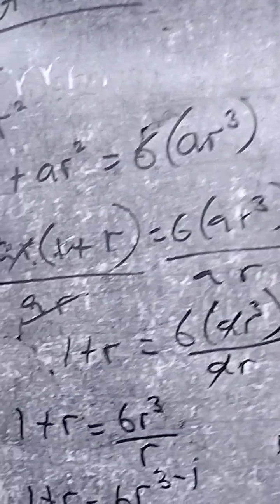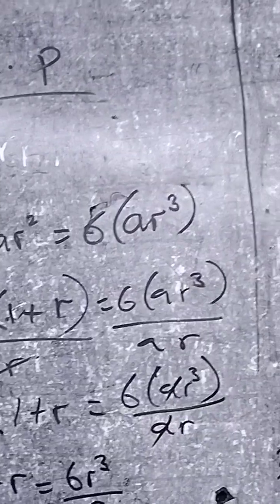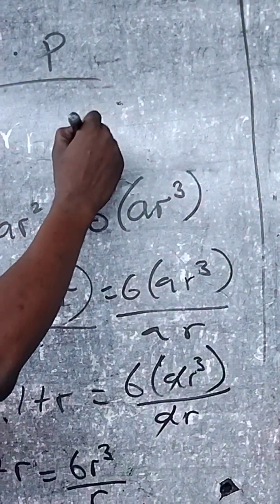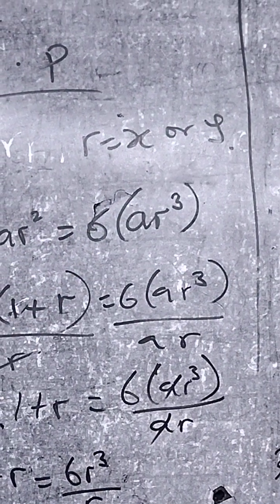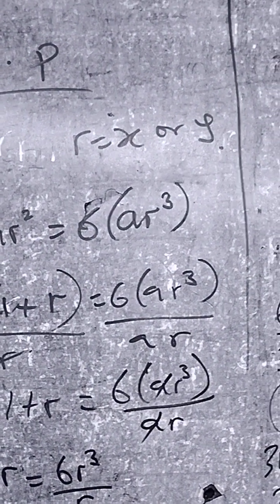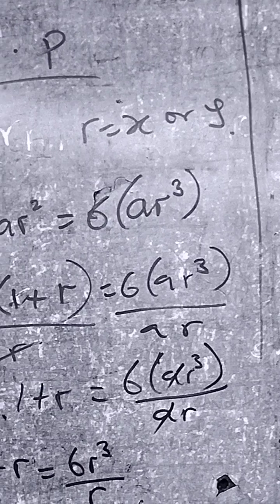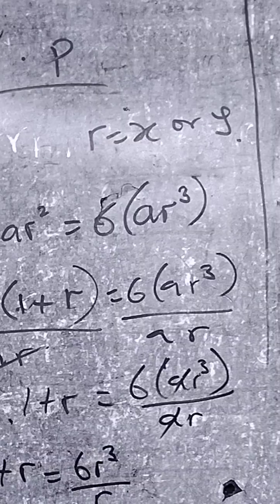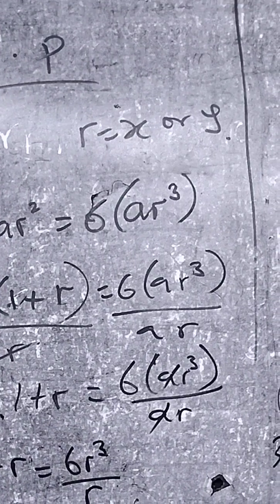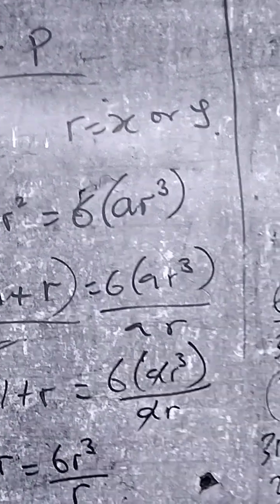Now, the first thing we need to do, they ask us to find two possible values of R. R is equal to X or Y. From the equation, there is likelihood of ending up with a quadratic, because it's only a quadratic that you will solve that gives two possible answers.